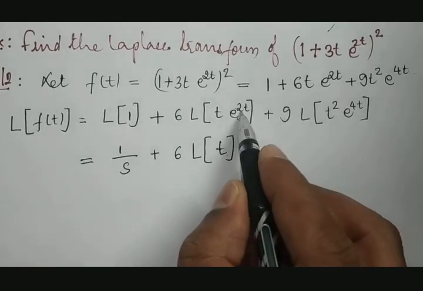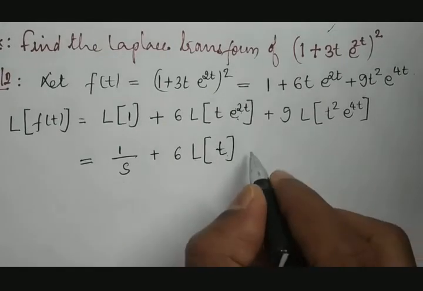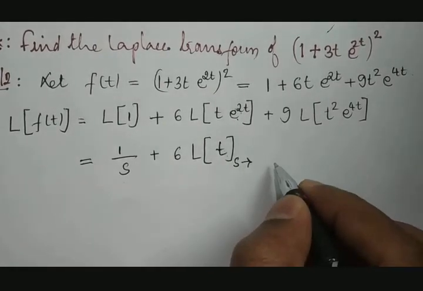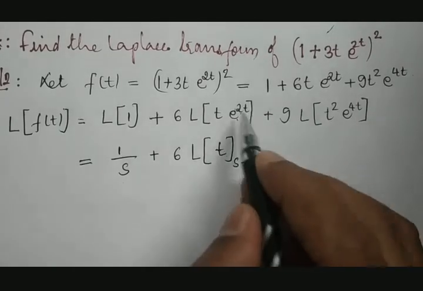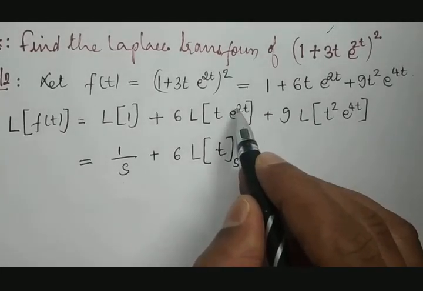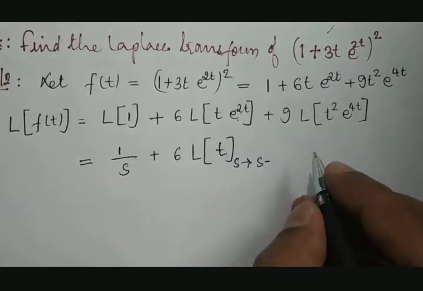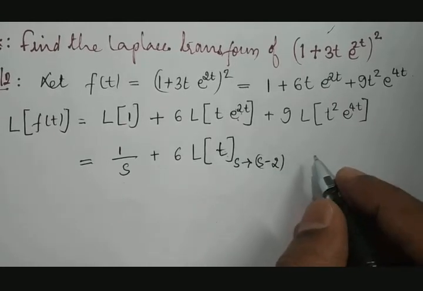Then where does this exponential go? As soon as I remove this exponential from here, it reflects in terms of replacement of s. s is going to be replaced by s minus a, because it is e raised to positive at. But here a is equal to 2, means s is going to be replaced by s minus 2.